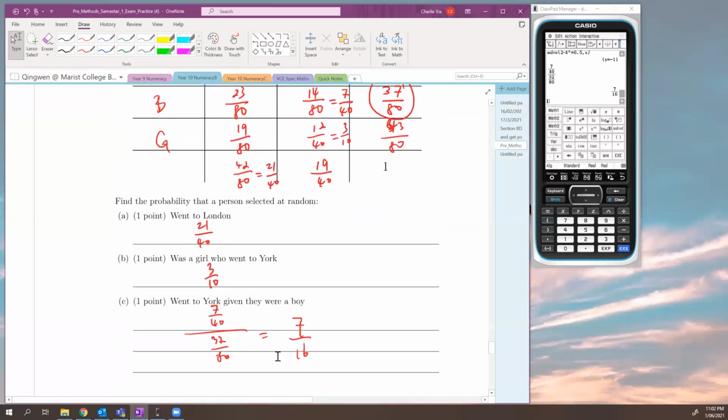Out of this 37 over 80. 40. No wonder. Typed this wrong. It's 37, sorry. It's 37 out of 80. So 14 over 37. No wonder it's different from the answer I had before. Let me do it again. So 7 out of 40 over 37 out of 80. And that's equal to 14 over 37.